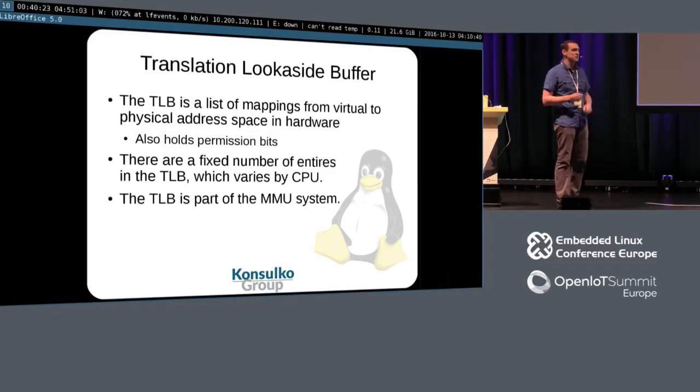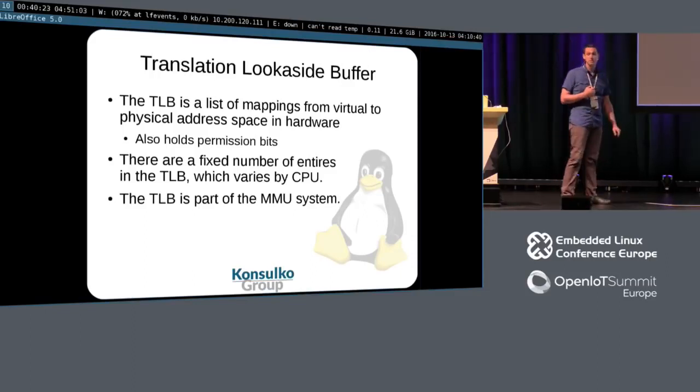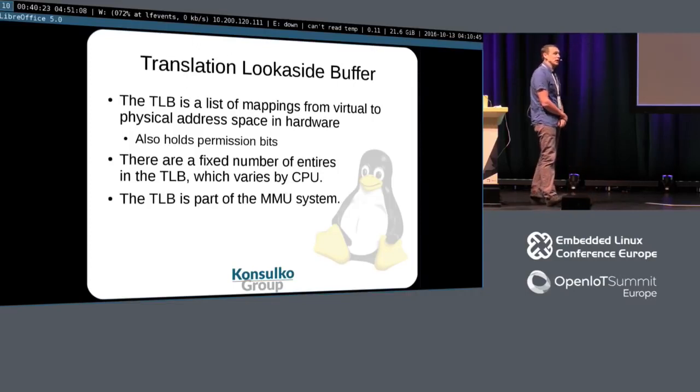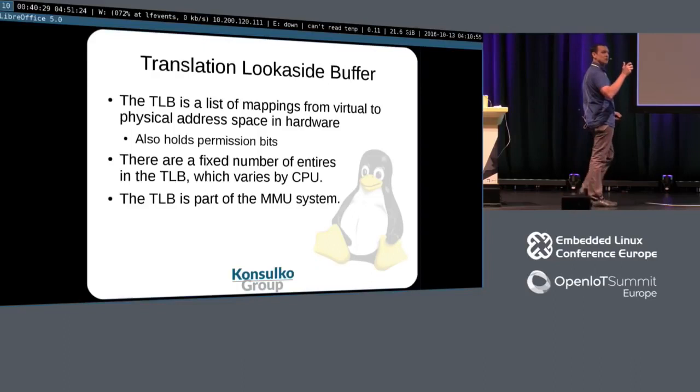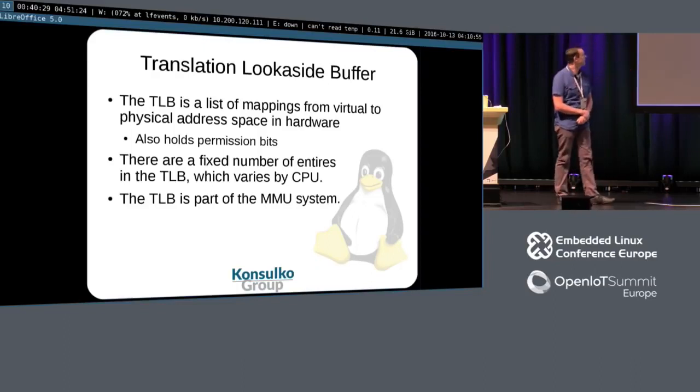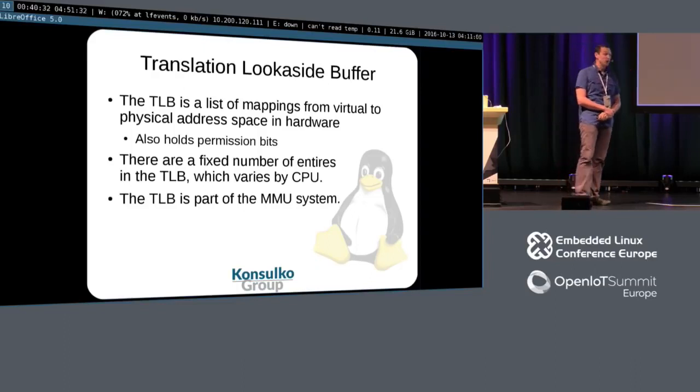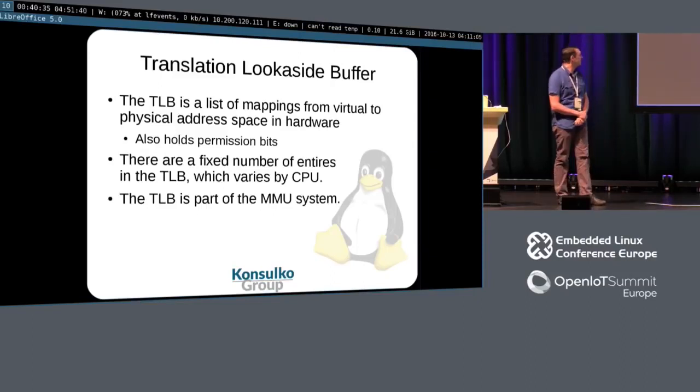Okay, how an MMU works. There's an important piece of the MMU called the TLB, the translation look-aside buffer. That's just a hardware buffer that has a set of mappings, your virtual to physical mappings. It'll have permissions for that space. There's a granularity at which these mappings are kept, and we're going to talk about that in a moment.